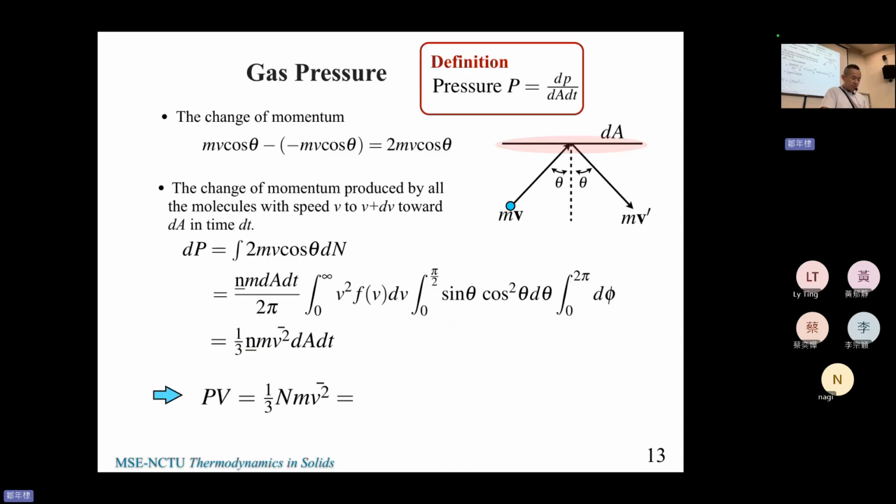Okay, here, gas pressure. Because when we talk about gas pressure, it means that the gas atoms bump into the container wall. So the wall will feel the bump, and then it generates the pressure that we see, right?